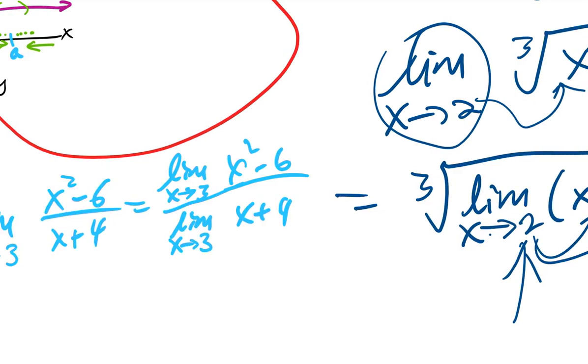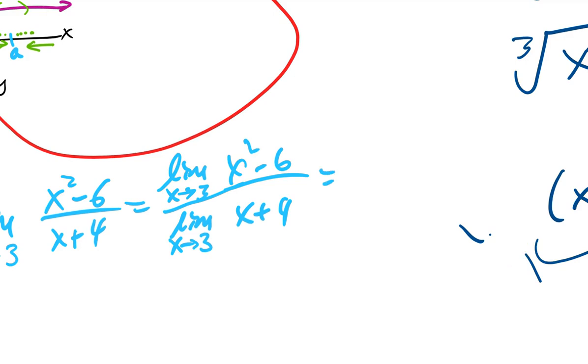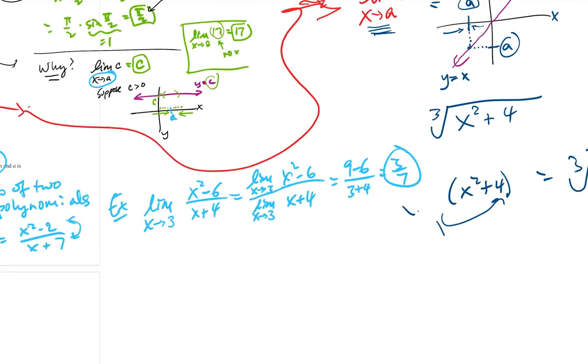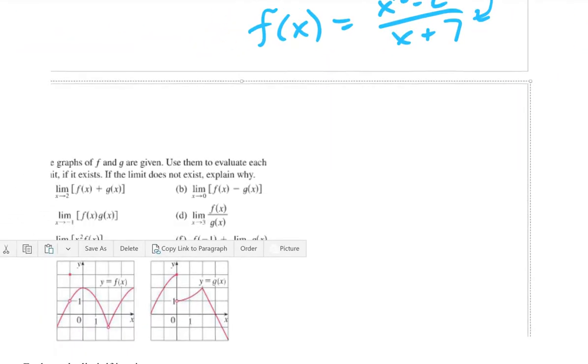Okay, so you just get your answer. Just plug it into both. So this is just 9 minus 6 over 3 plus 4, which is 3 over 7. And there you go. All right, so with that said, we can move on to some other things.